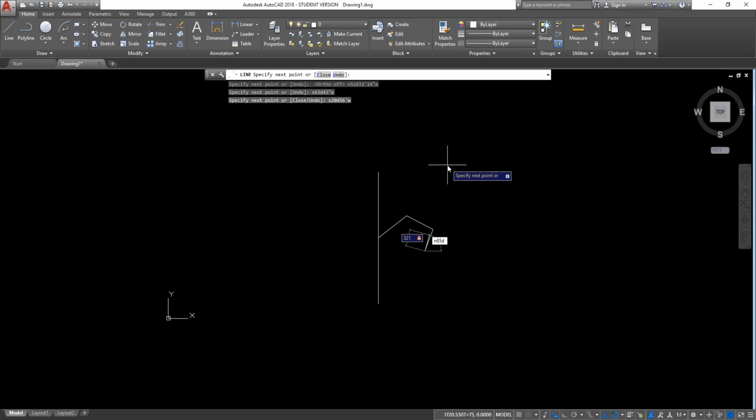If you don't have degrees, just minutes and seconds, you can leave it this way and enter just the minutes and seconds values, or you can type 0 degrees. But in this case, we are going to type 85 degrees, 50 minutes, and 7 seconds. And the direction goes northwest.